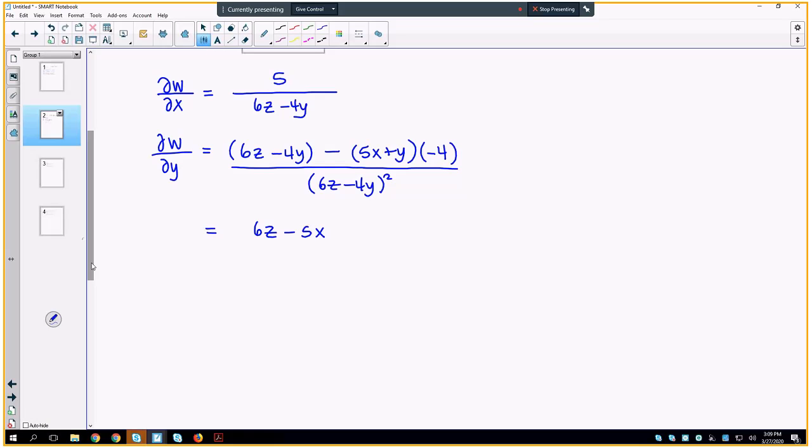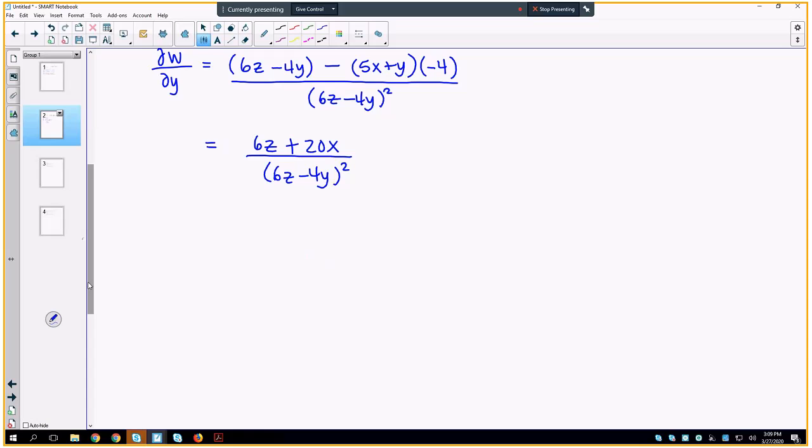And I apologize, that minus 5 should also be multiplied by minus 4. So that's going to be a positive 20x. 6z plus 20x over 6z minus 4y whole squared. That's going to be my partial derivative with respect to y.